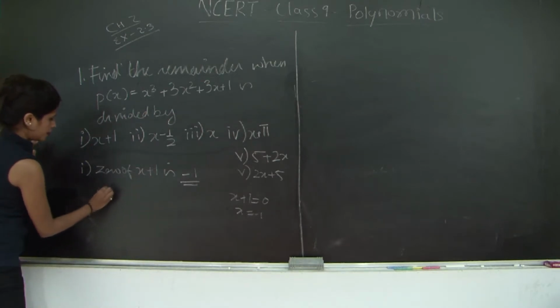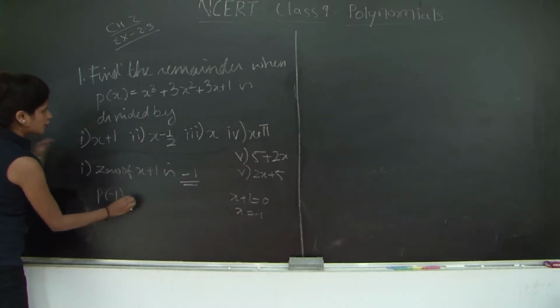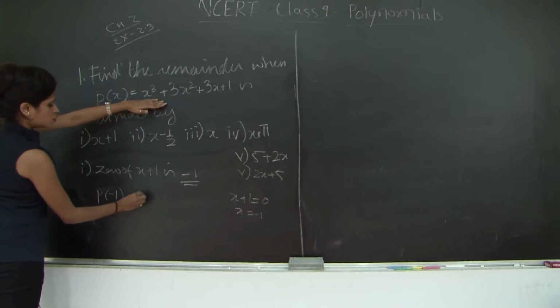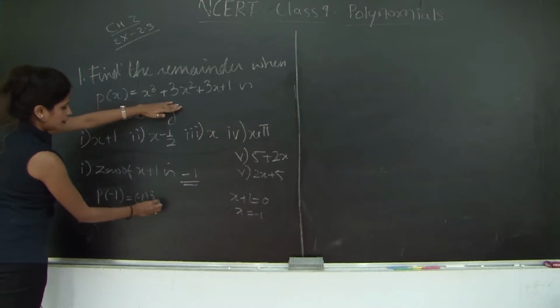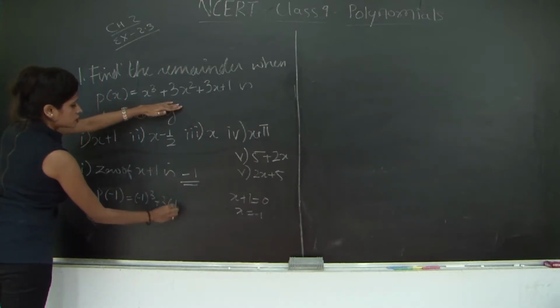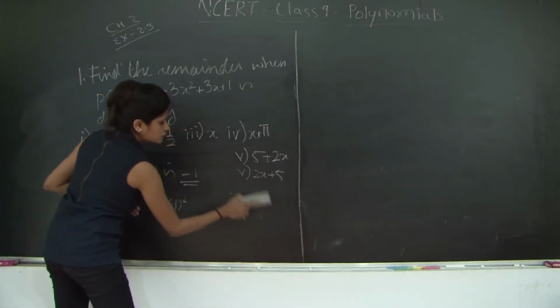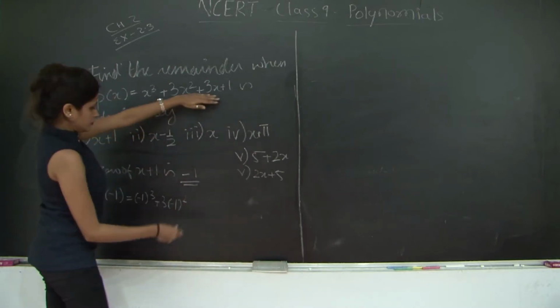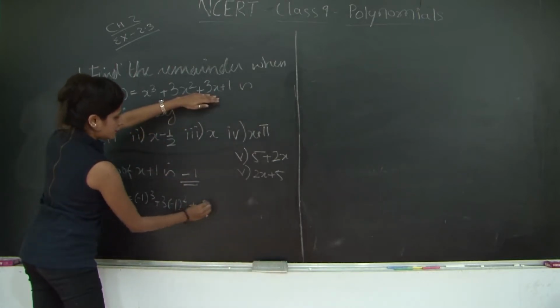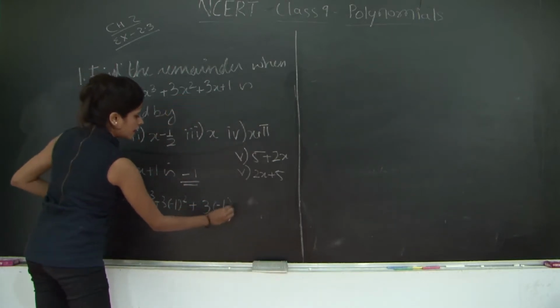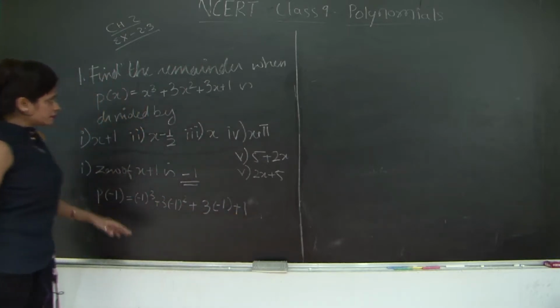So p of minus 1 is going to give me minus 1 the whole cube plus 3 into minus 1 the whole square, plus 3 into minus 1 plus 1, right?